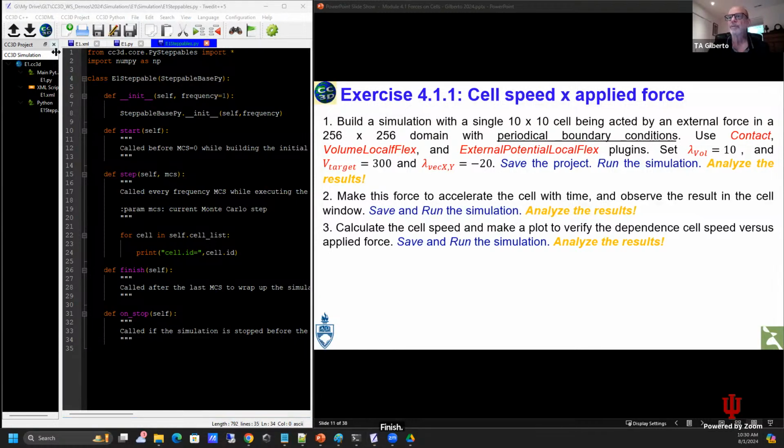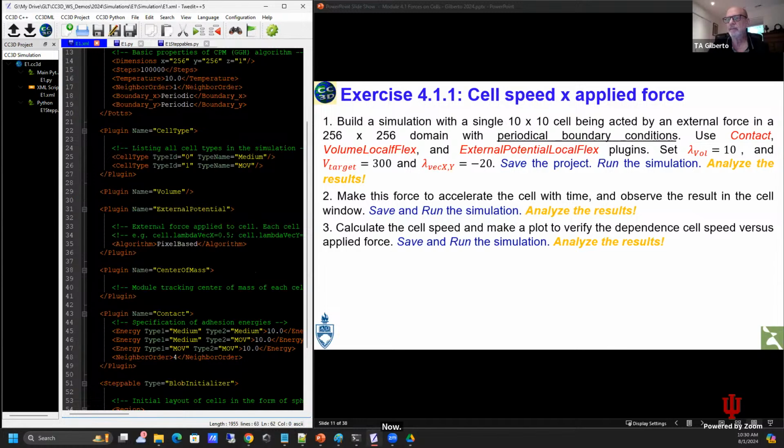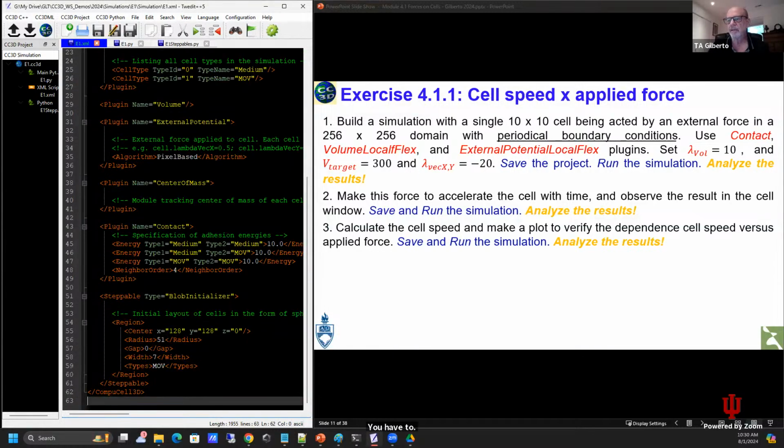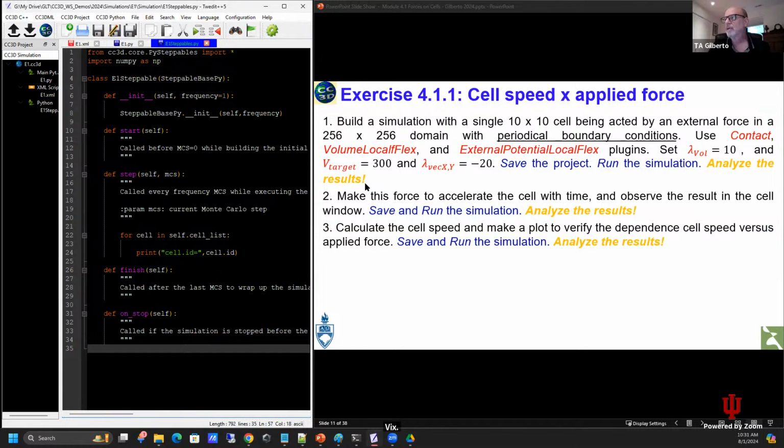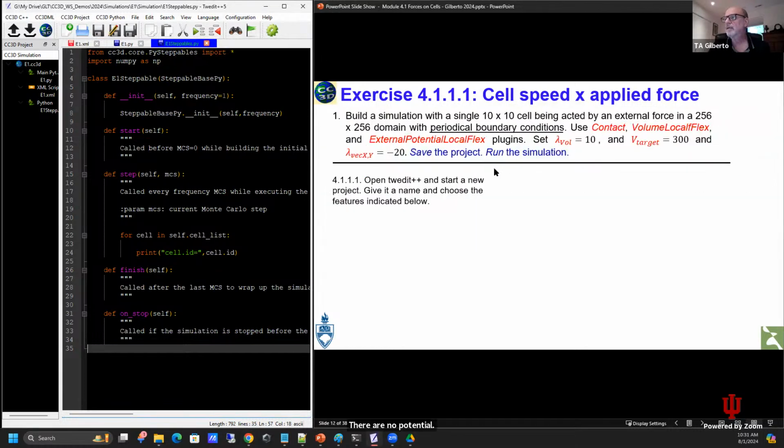Now we have to create the cell at the center of the grid. Radius, let's put, how big is the cell? Let's put 10 here. Let me see the external potential here.